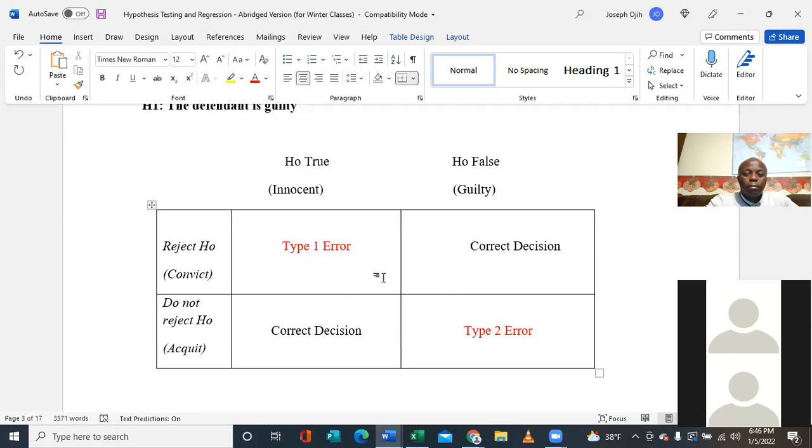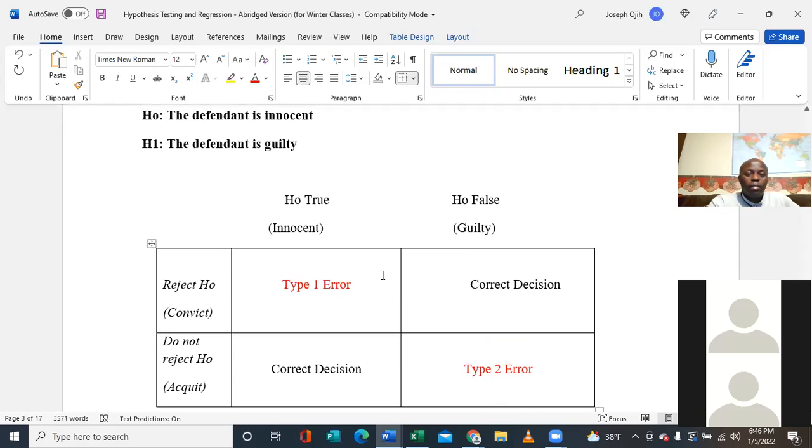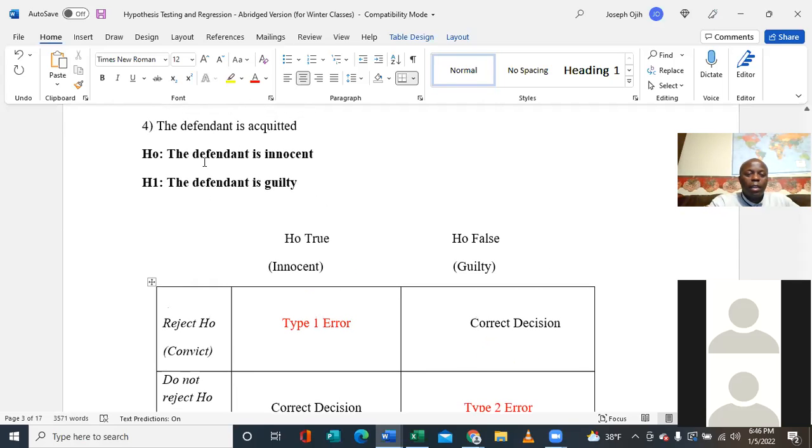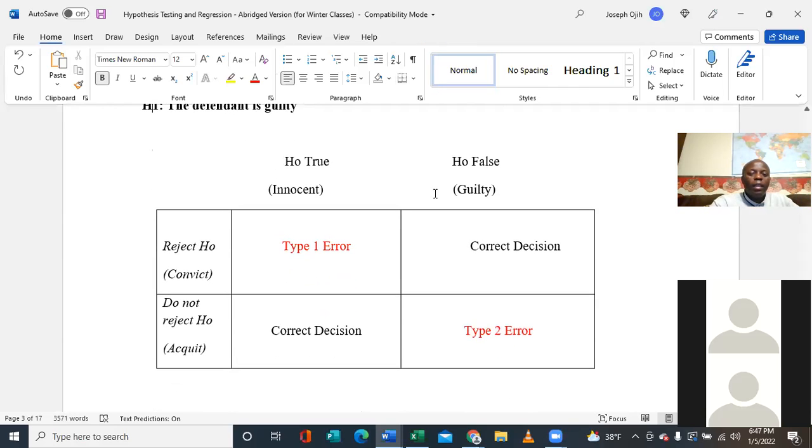Please, can you re-explain? Now, the hypothesis is this. H0, the null hypothesis, is that the defendant is innocent. H1, the defendant is guilty. H0 true means that he's innocent. H0 false means that he's guilty.